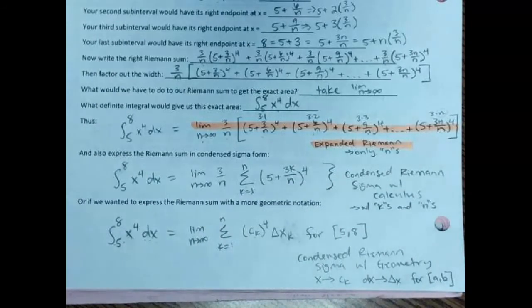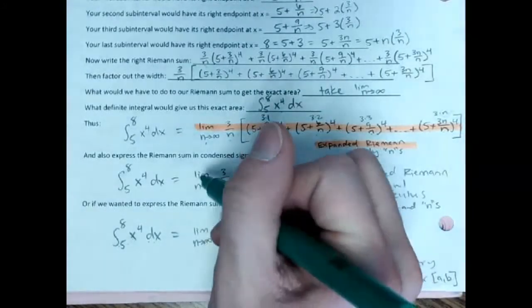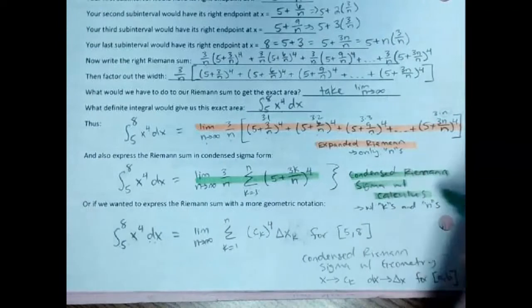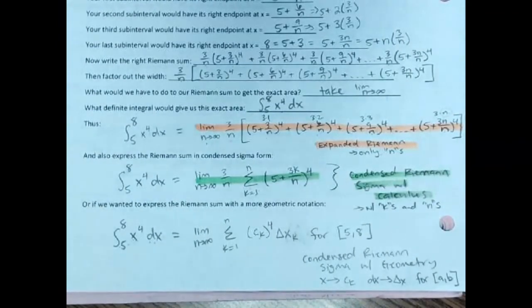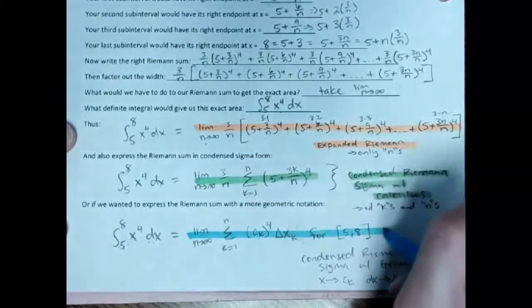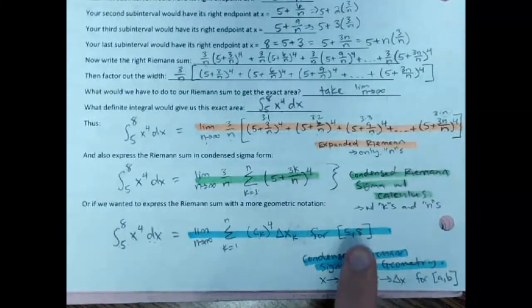But we could have that expanded notation, which is only n's, or we could have the condensed Riemann sigma with calculus. That one's got k's and n's. Or we could have, which I think is the easiest, this condensed Riemann sigma with geometry, which, I don't know, you just always have to make sure you define what part of the graph.